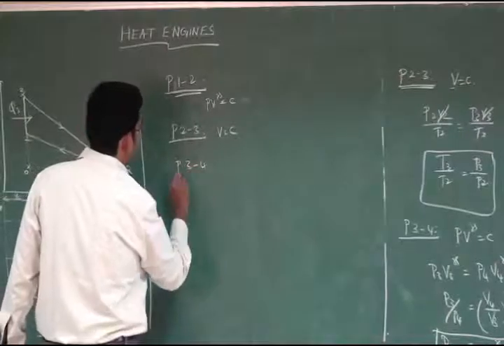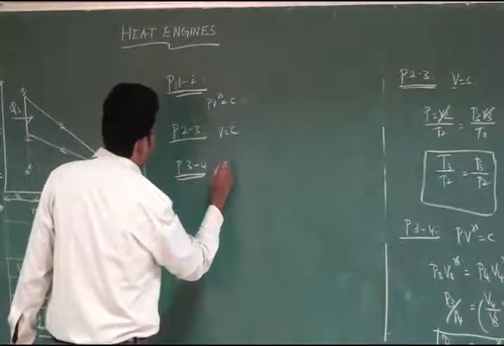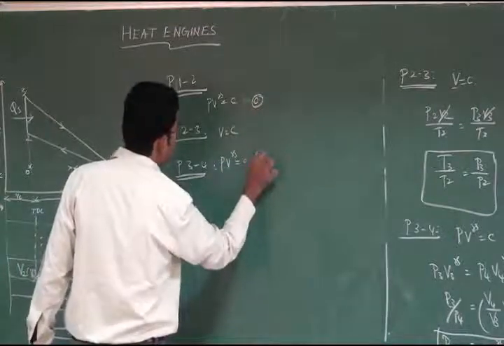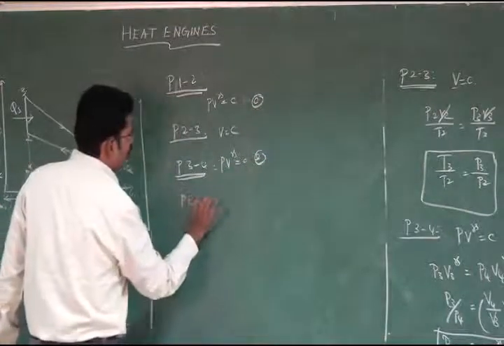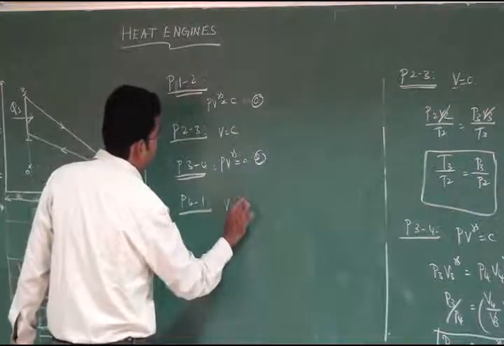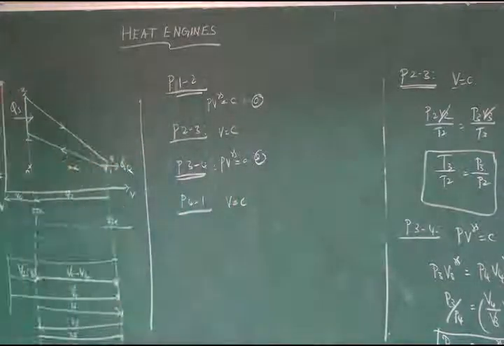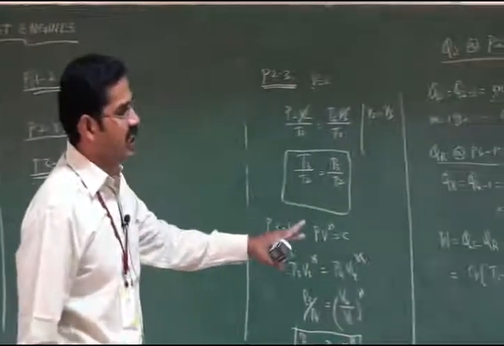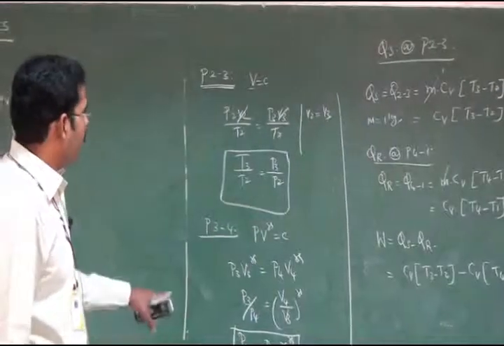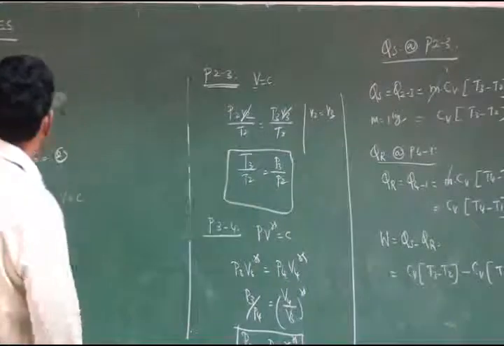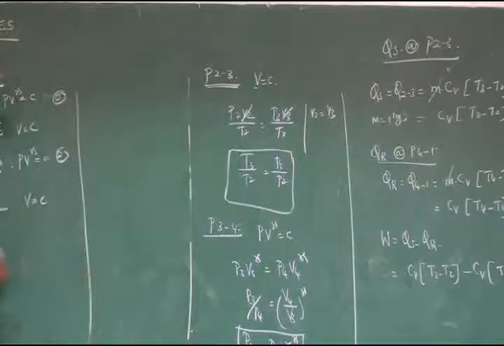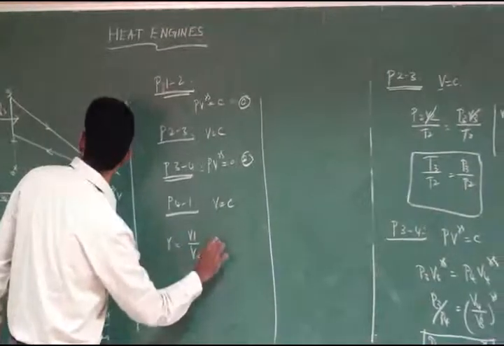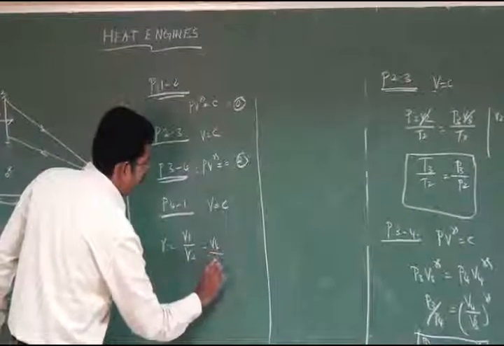Process 3 to 4 will be PV to the power gamma is equal to C. This is the compression process, this is the expansion process. Process 4 to 1 will again be a constant volume process. Now we are going to convert T3 and T2 in terms of compression ratio. Already we have the compression ratio. What is the compression ratio? R is equal to V1 by V2 is equal to V4 by V3.